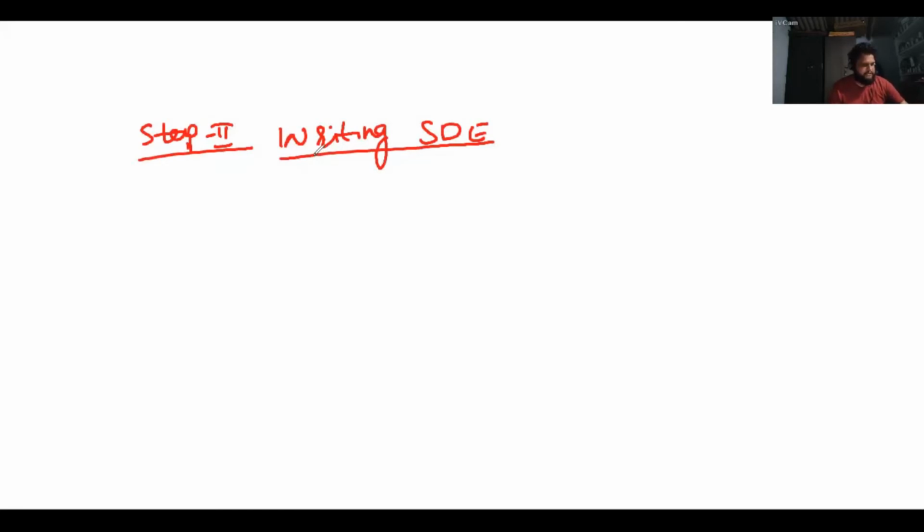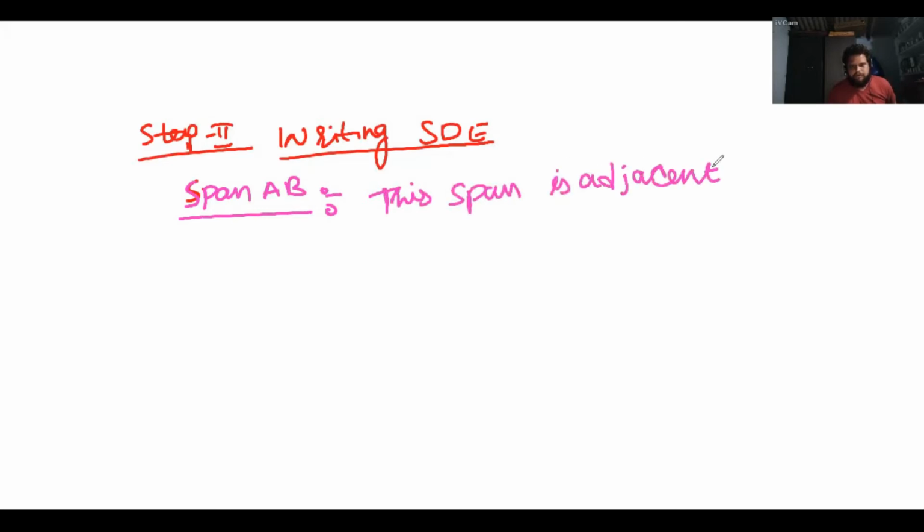First, what I will do is, for AB span, we will go in order. So for span AB, this span is adjacent to the overhanging portion. Now whenever the span is adjacent to the overhanging portion, which equation do you have to apply, conventional or modified slope deflection equation?